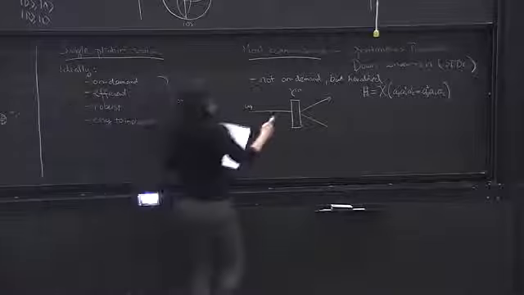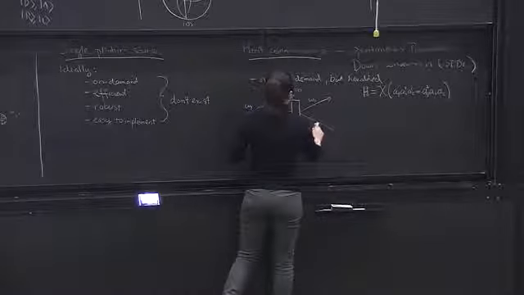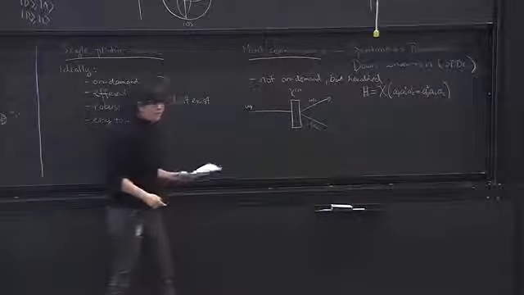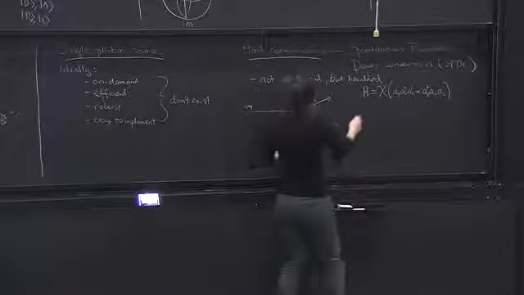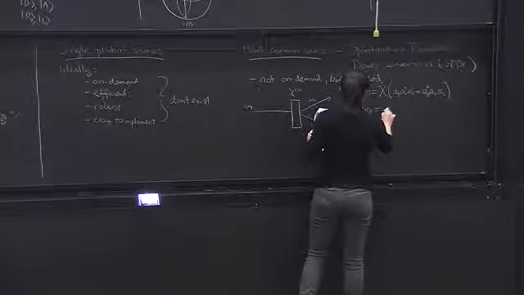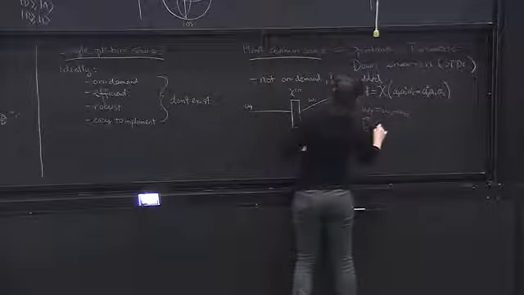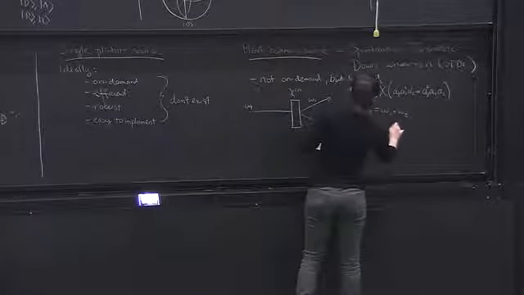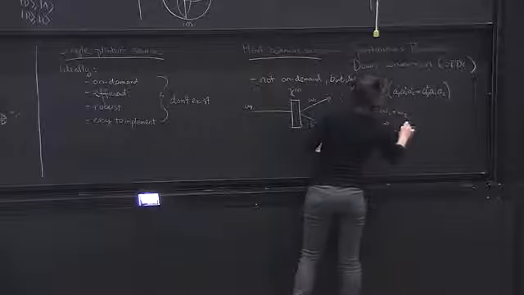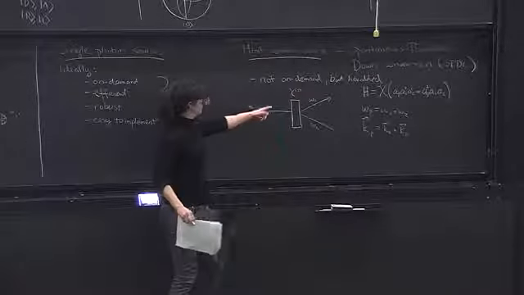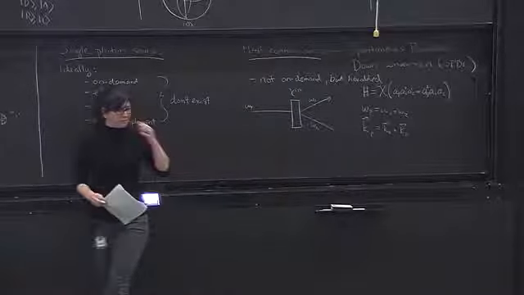And so there will be photons of frequency omega 1 and omega 2, and they're going to satisfy energy conservation and also momentum conservation. And so that's why they're going off in different directions.